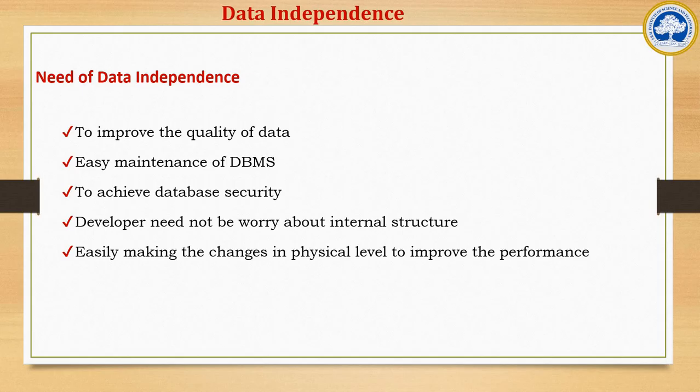The need for data independence is to improve the quality of the data, ease of maintenance, and data security, and the developer need not worry about any internal structures. We can easily make changes in the physical level to improve our performance.